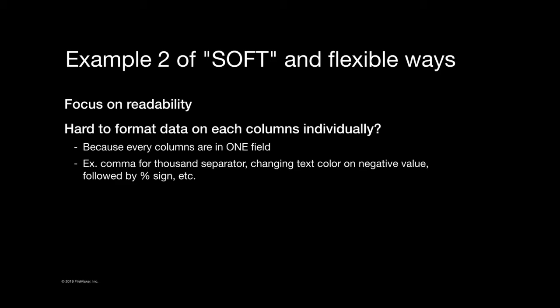We can't make data beautifully formatted, for example inserting a comma for the 1,000 separator or using the % symbol, and so on. When we put every column in one field, it's very difficult, of course.